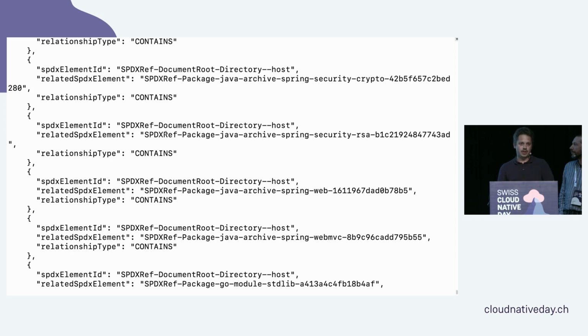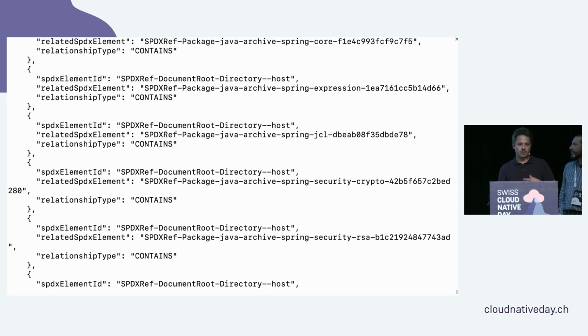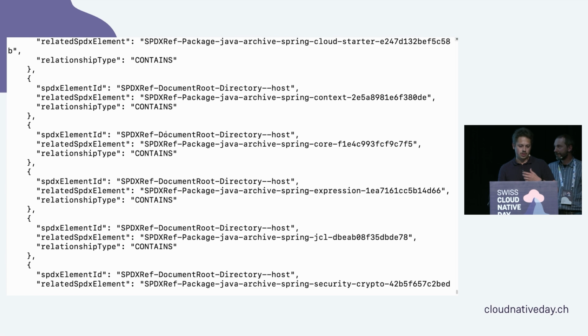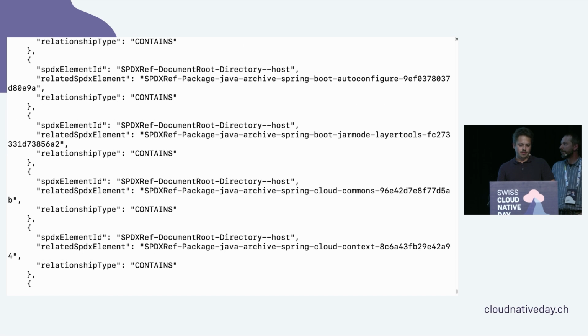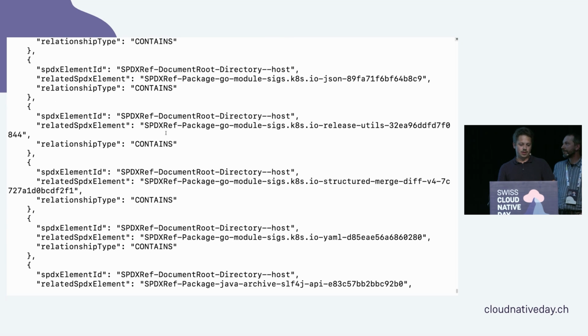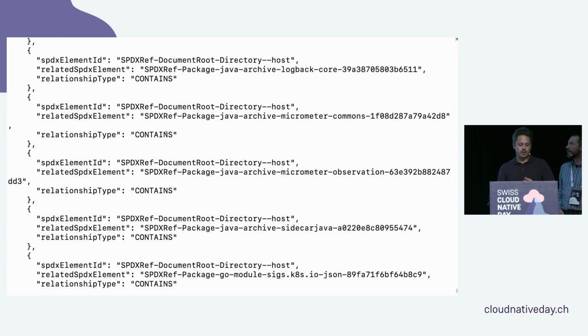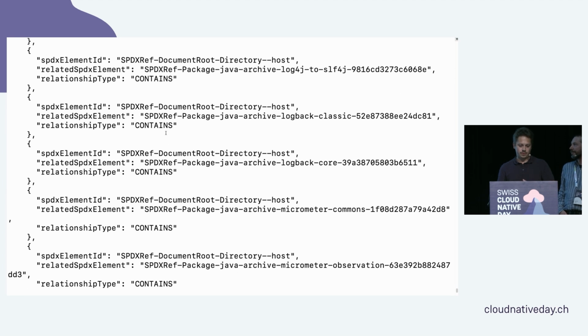Because it takes a lot of time to generate the SBOM, we just have a subfolder taken for the analysis. As you can see, we have a lot of dependencies in this subfolder.